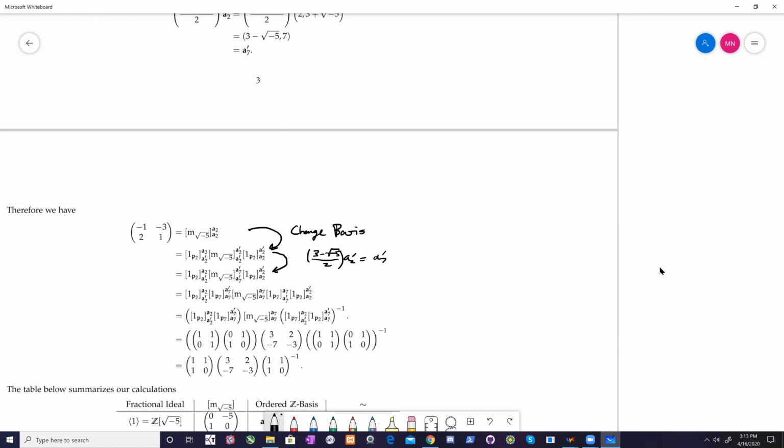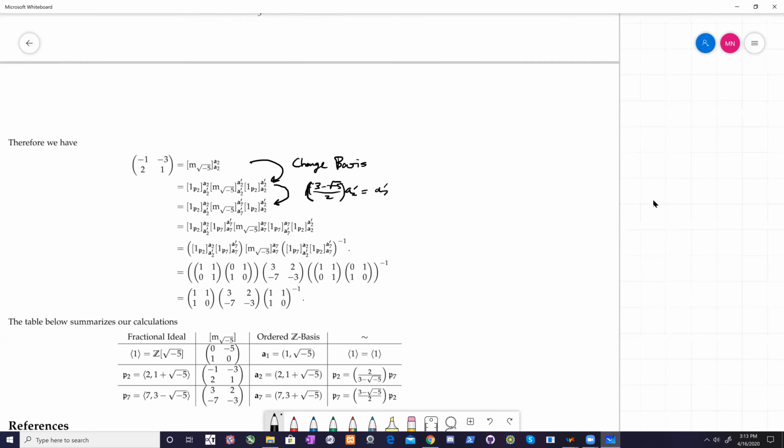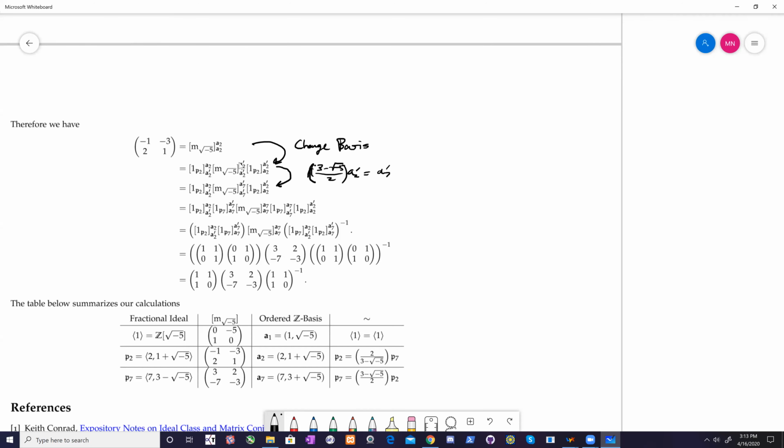That's why we changed the basis, because now multiplying A2 prime by this 3 minus square root negative 5 over 2 gives you precisely that guy. And it's easy to show that these matrix representations are the same matrices right here, where we're just replacing A2 prime here with A7 prime here.